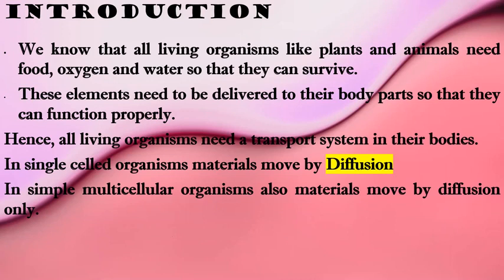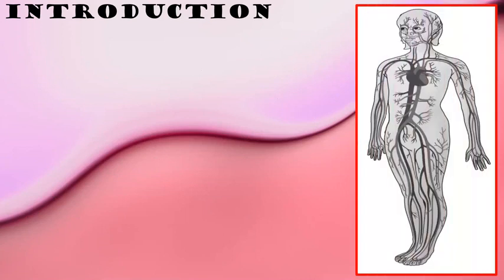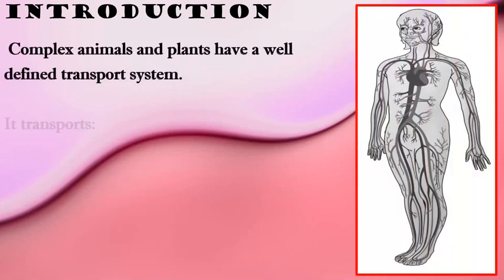Even in simple multicellular organisms like sponges, hydra, algae, and fungi, materials move by the process of diffusion. Students, diffusion in higher multicellular organisms is too slow to transport substances to all the cells.